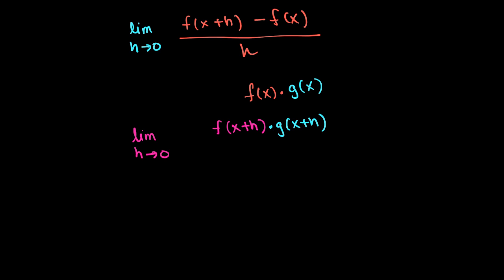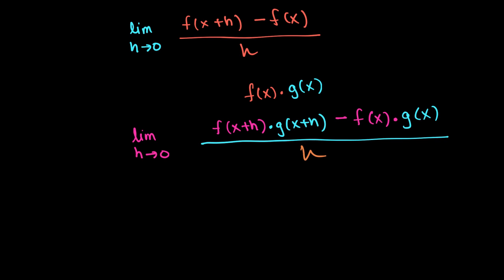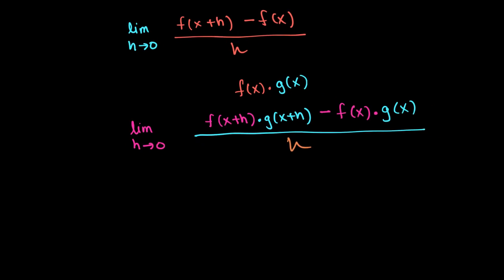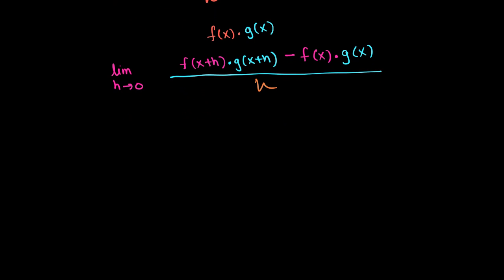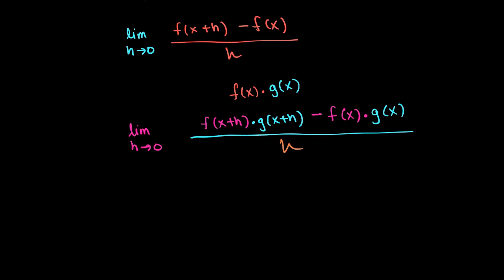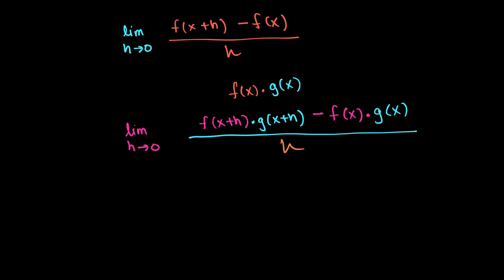So it would be f of x times g of x, and then we have to divide this whole expression by h, right? So we did that. Now so far we didn't do anything extra, we just simply plugged in f of x times g of x into our expression.